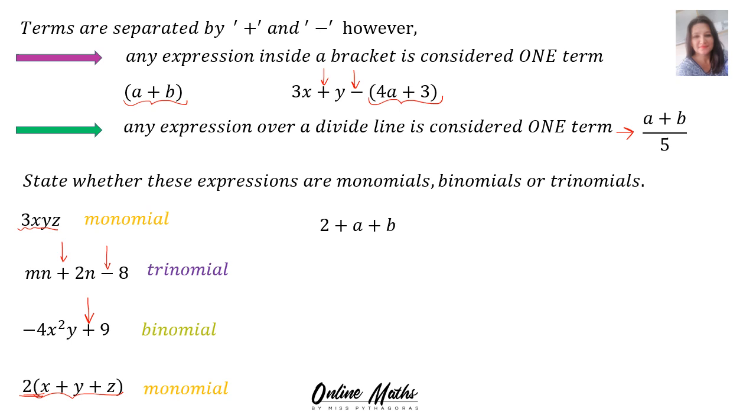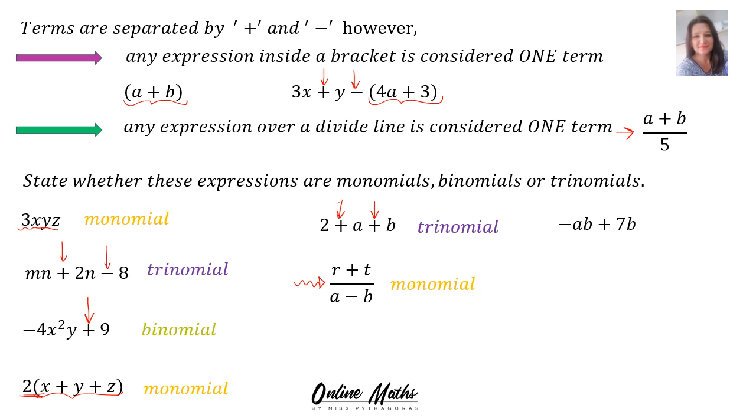When I give you 2 plus a plus b, it's the 2 pluses that separate the 3 terms. Therefore, there's the answer, trinomial. Well, this one looks as if it could be a polynomial with 4 terms, but it's definitely not. There's your division sign, and the division sign joins them together. Therefore, that is a monomial.